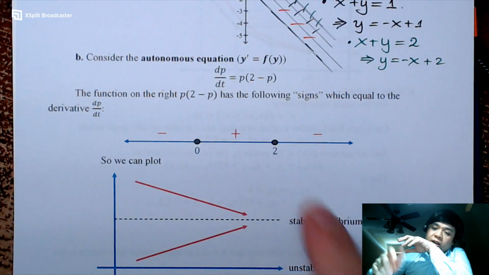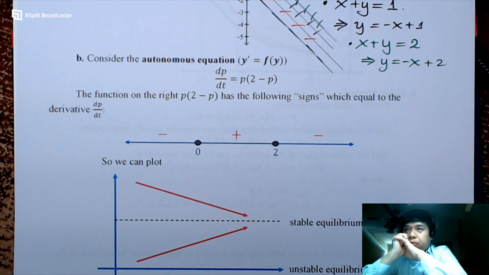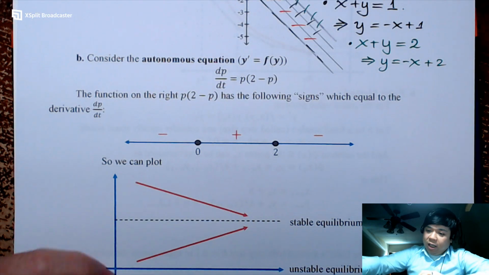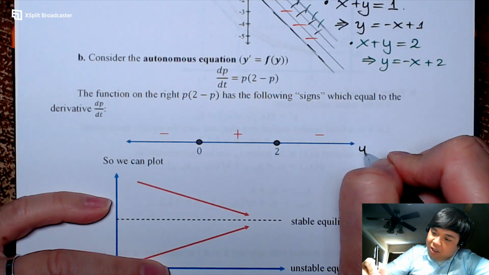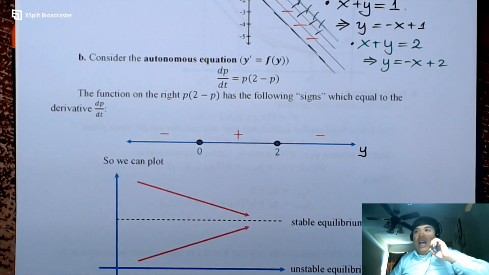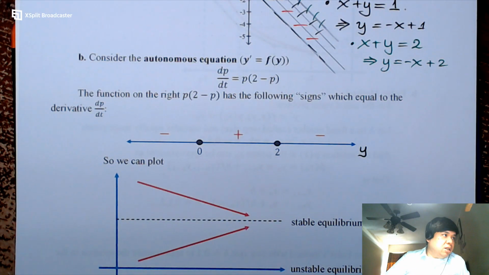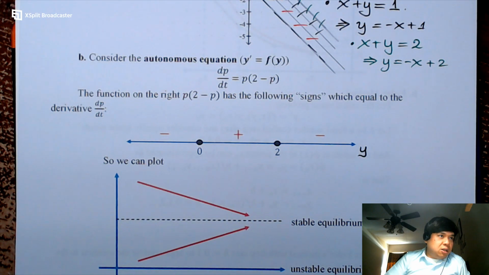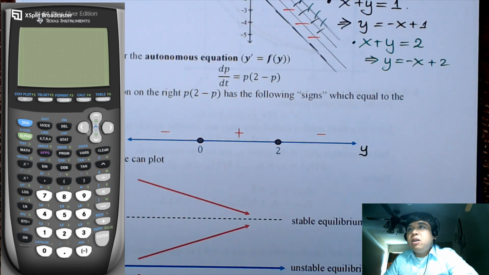If the function on the right is y times 2 minus y, now we're going to plot it with the y-axis. Let me turn on the calculator, and I'm going to graph.